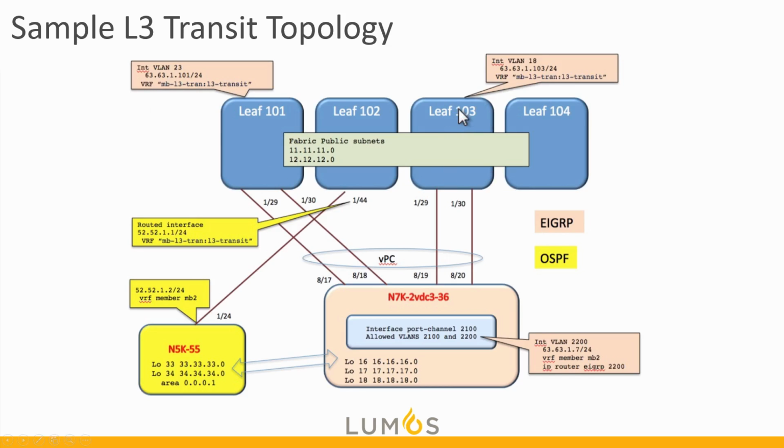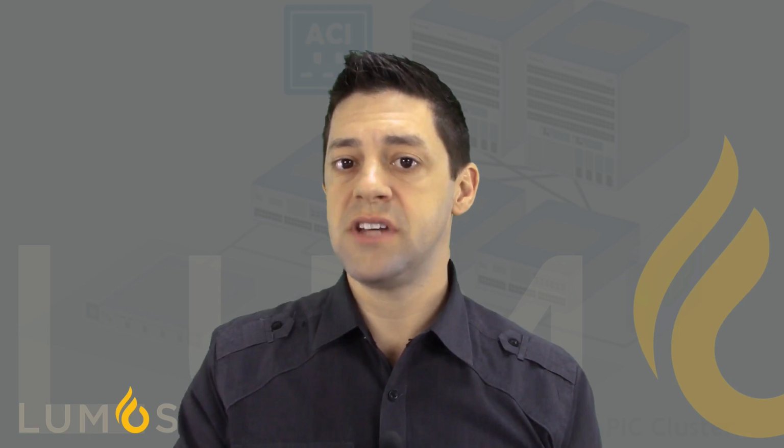They're going to have separate unique IP addresses. And then if we want them to have a shared IP address, we create a secondary IP on both of them that is the same IP address. So do take note of this.